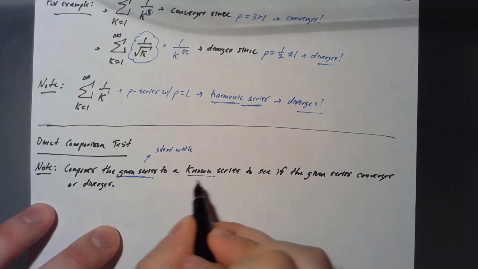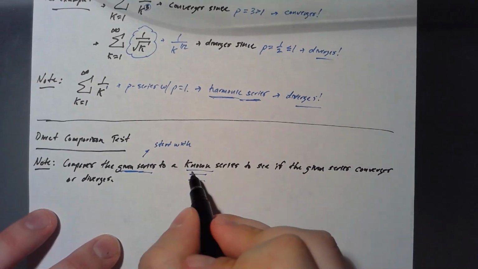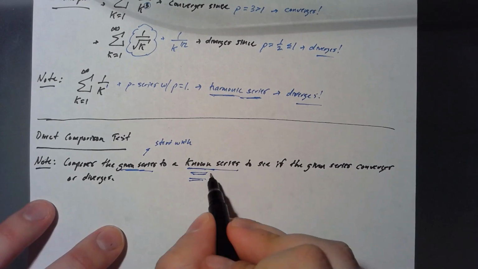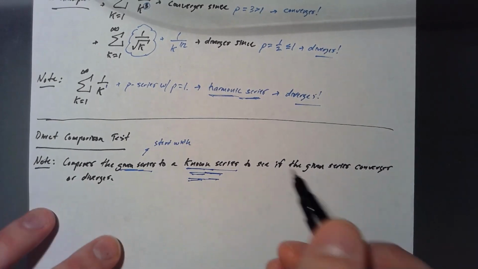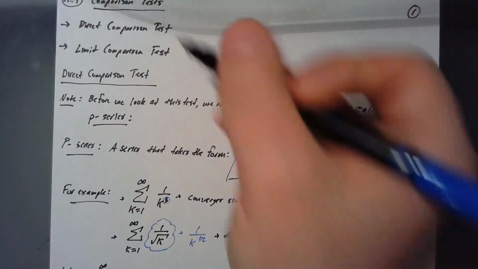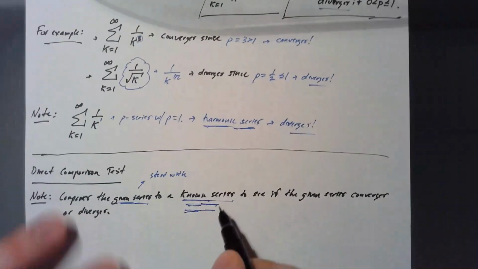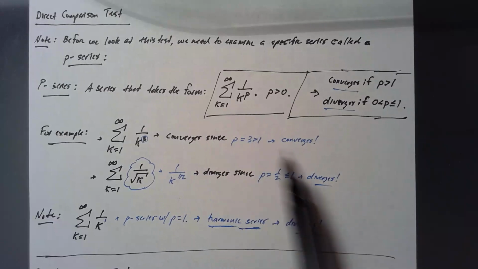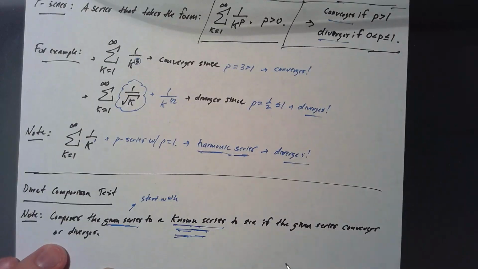And when I say a known series, that's an important concept right there. It means that when I use direct comparison, typically that is a P series. That's why I show them to you, because they're important to know. They show up a lot with this kind of test.